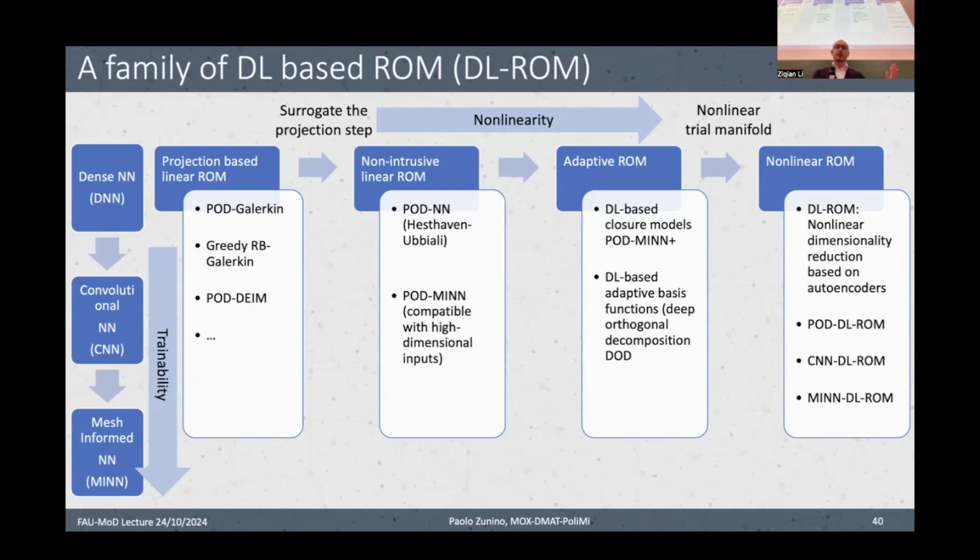We can further move to a higher level of nonlinearity by using an adaptive set of bases constructed through deep orthogonal decomposition, which is the generalization of POD, proper orthogonal decomposition, with a continuously adaptive basis. And finally, we can also move to the fully nonlinear dimensionality reduction case implemented with autoencoders, where we can combine different types of networks, the convolutional networks or the mesh-informed.